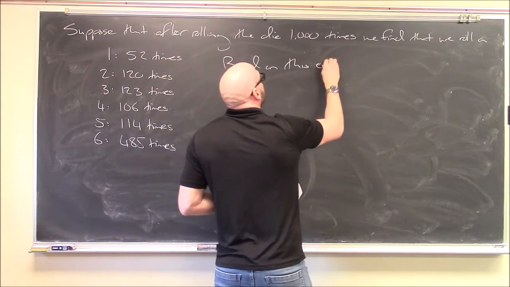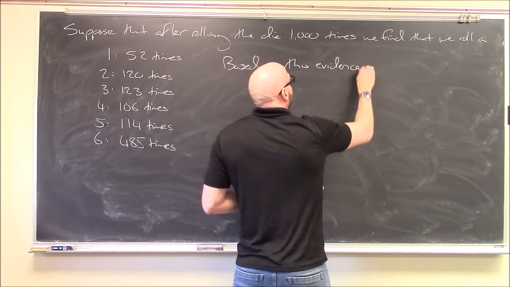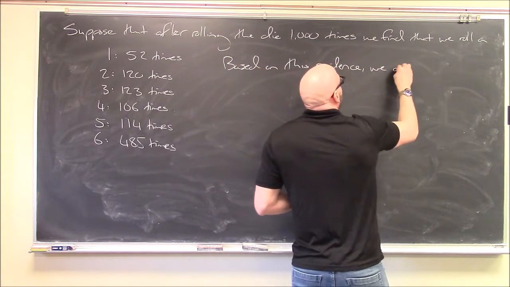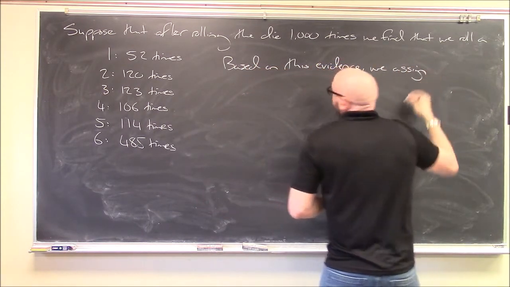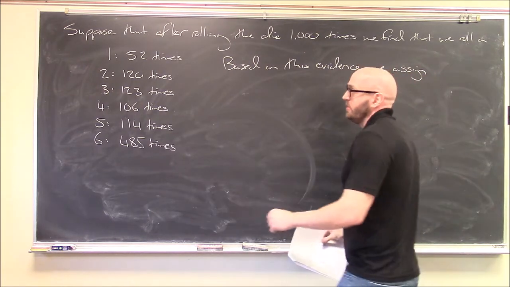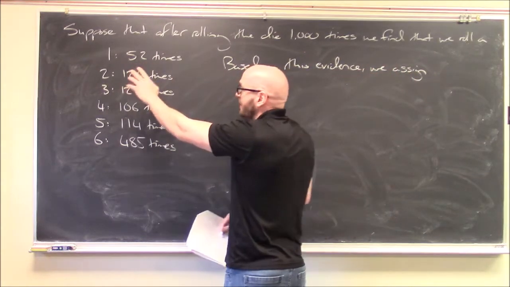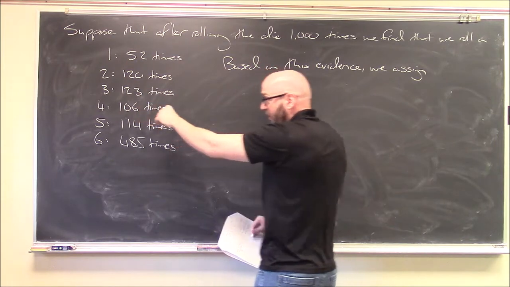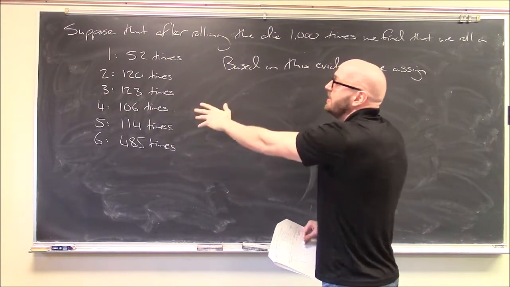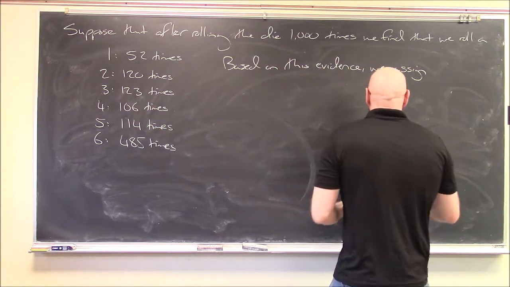evidence, we assign different probabilities. We no longer assume the probability of rolling a 1 is 1/6, probability of rolling a 2 is 1/6, and so on. We're going to take this data and use this to assign probabilities.